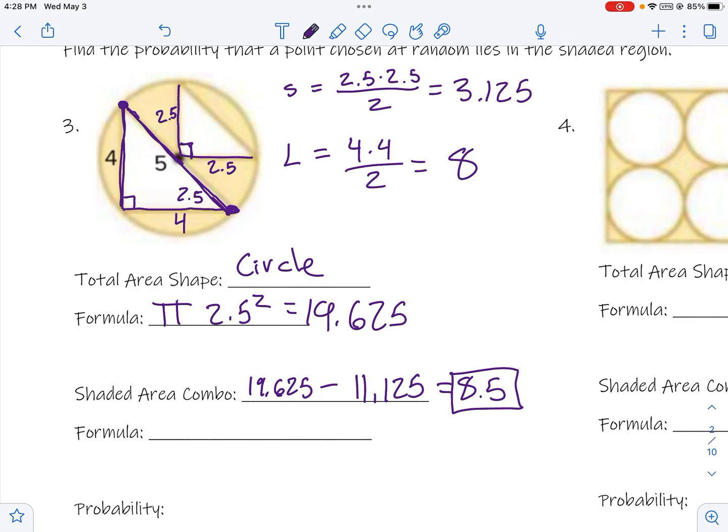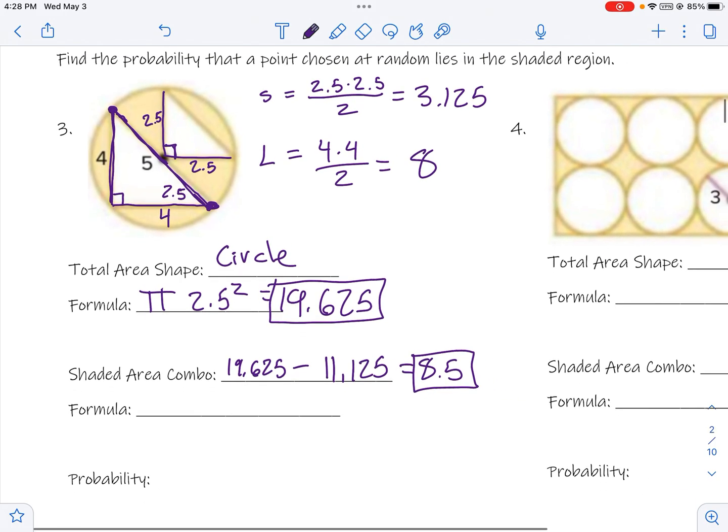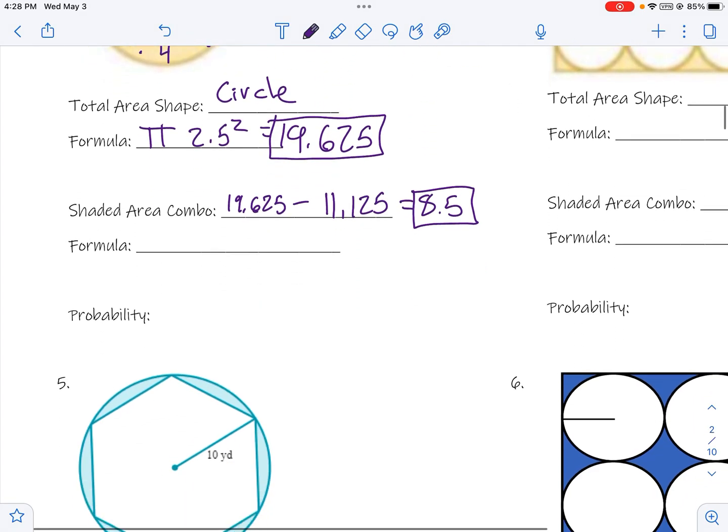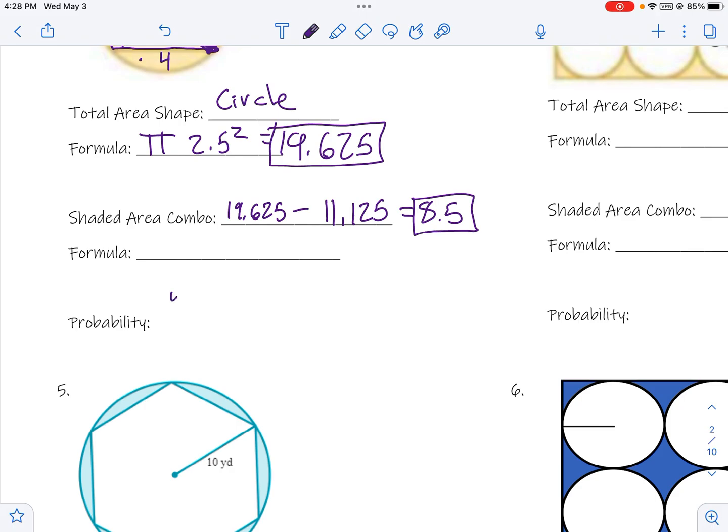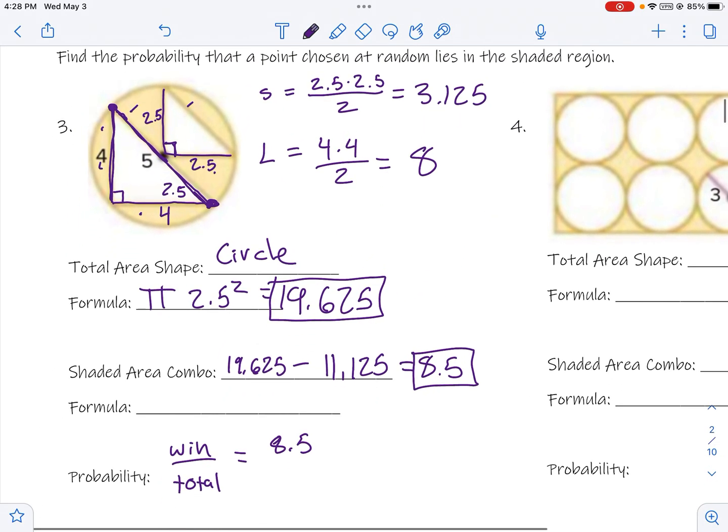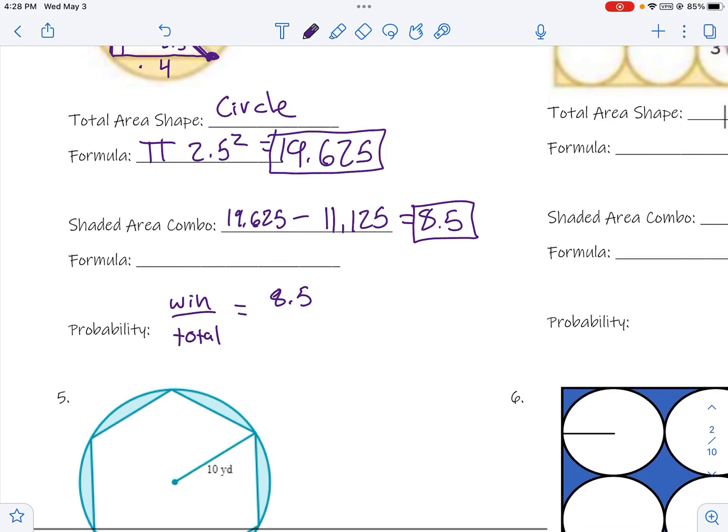We're still not done yet though, because we have the area of the outside, we have the area of the shaded. Remember, a shaded would be considered a win. If my dart hits the dartboard on the shaded, I win. So my formula for probability, once again, is win divided by total, which means we'll have 8.5, I don't know if it has a label on there, units squared to hit my dart on, divided by the total, which is 19.625.